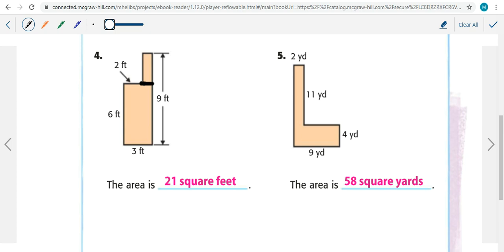Let's decompose it like this. First, we're going to find the area of rectangle 1. Or we could also decompose it like this. Okay? Let me erase it so you can understand. Sorry about this. Okay? Let's start again.